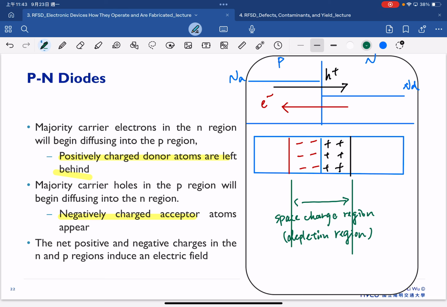To be honest, 空间电荷 doesn't help us understand much from the word's meaning. My suggestion is to just remember there's a term specifically called the space charge. It's called that because you have some charge left and remaining. Although sometimes we also call it the depletion region.